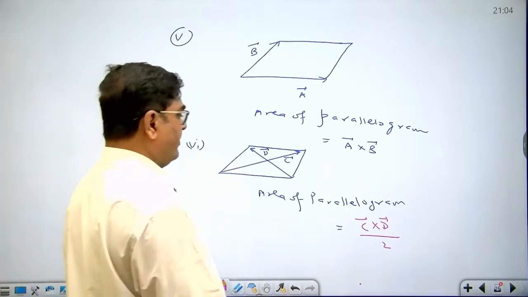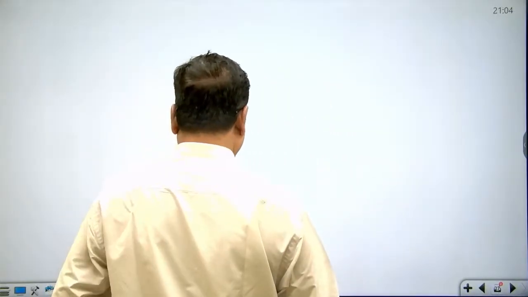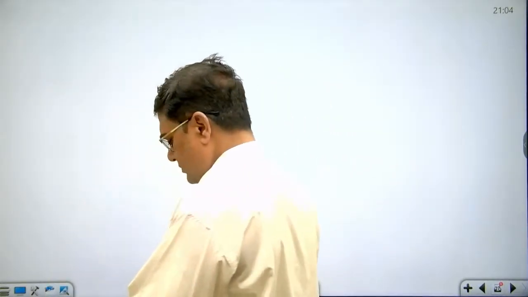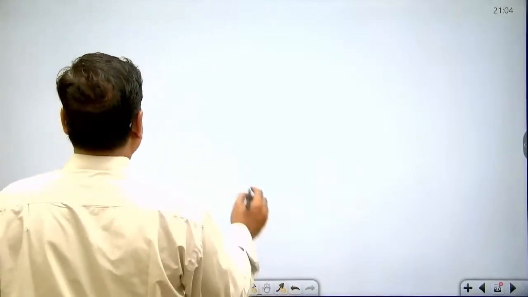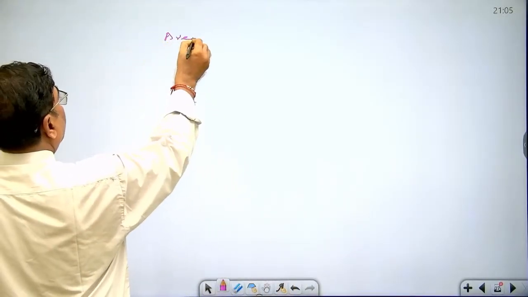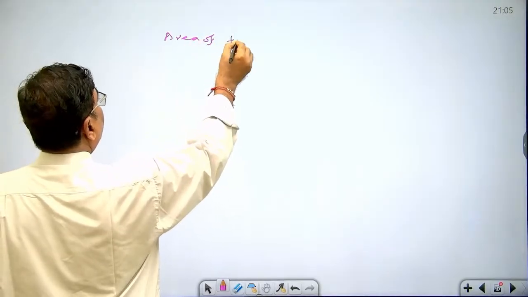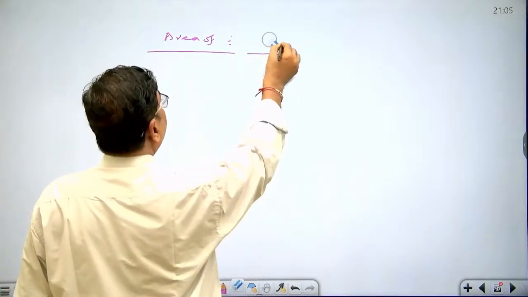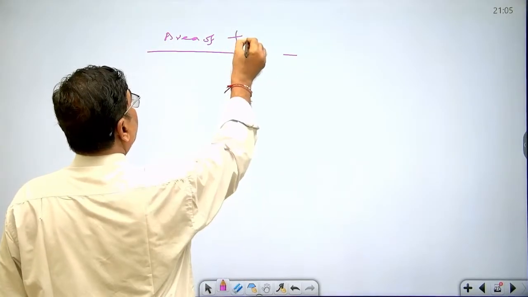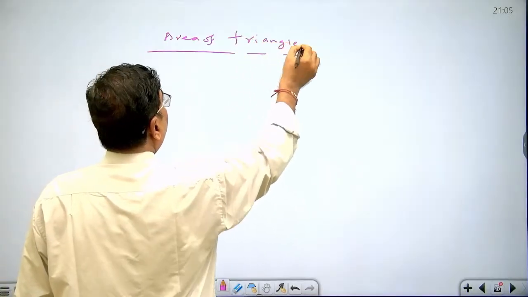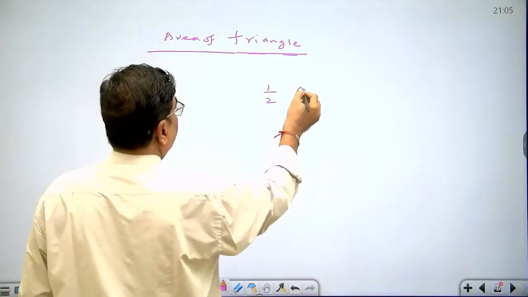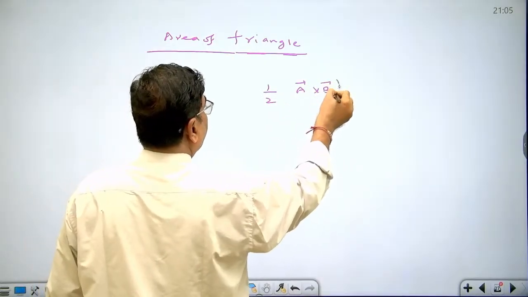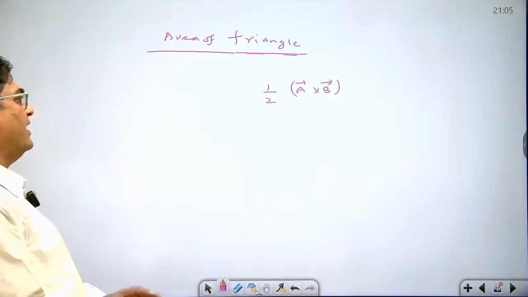If we write the area of a triangle having adjacent sides vector A and B, we can write half A cross B. A vector and B vector are the adjacent sides of a triangle.